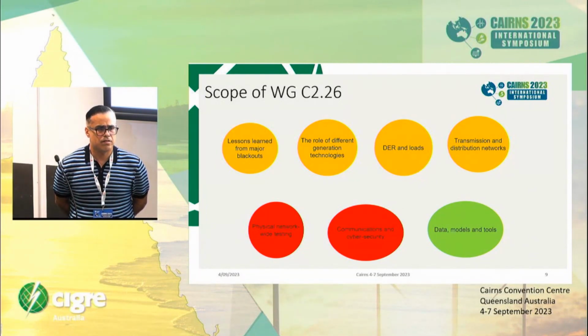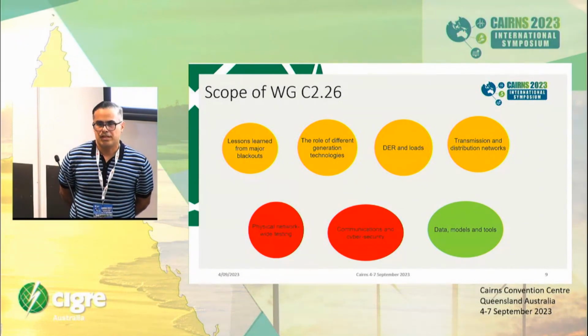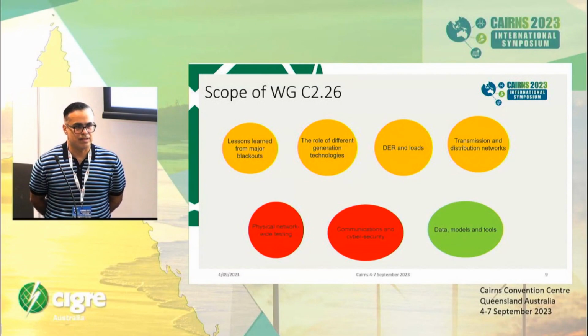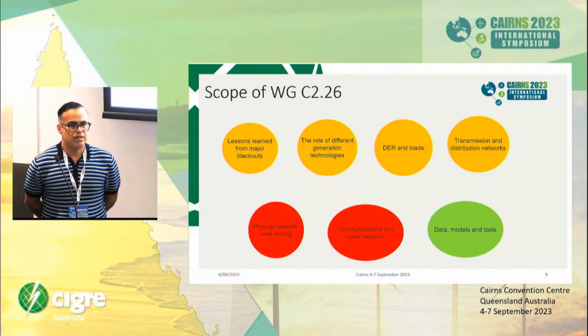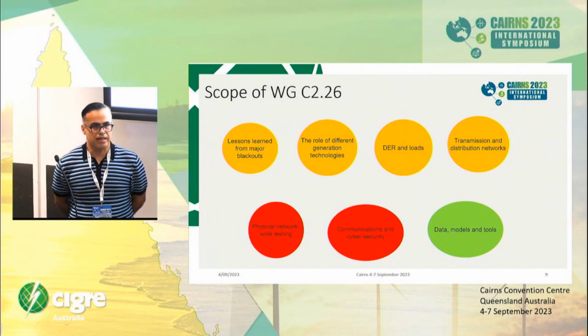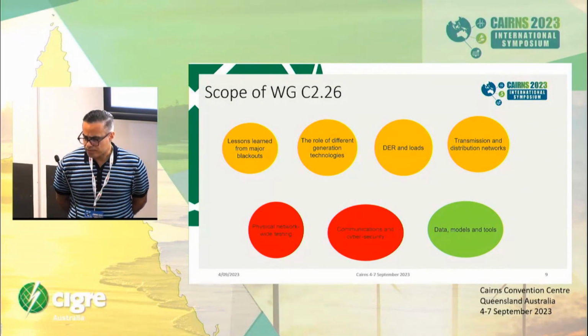I will summarize all of them in one slide, but that will not do justice to those incidents. We try not to just discuss what happened, because they have been discussed previously and are known, but what we could learn from it and apply to our practices, wherever we sit in the world. This was one of the key objectives.